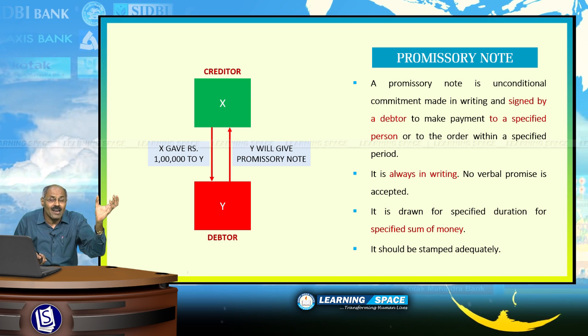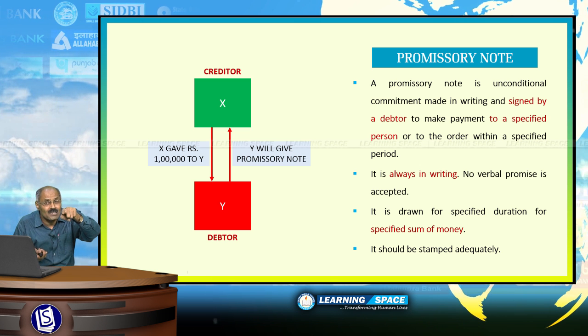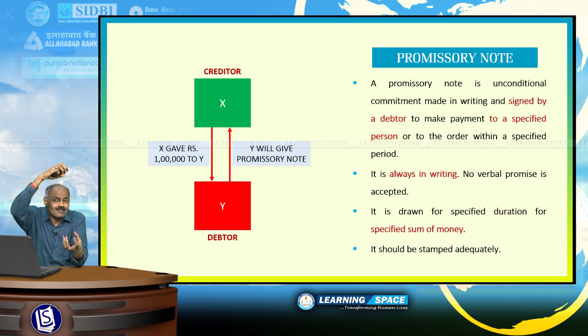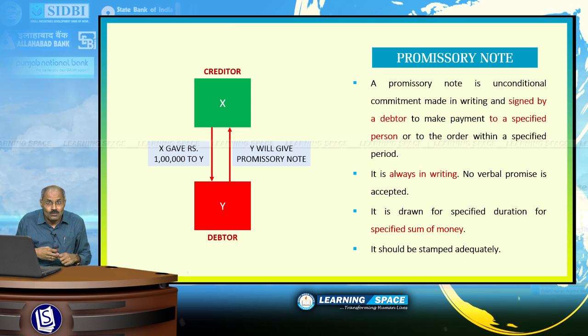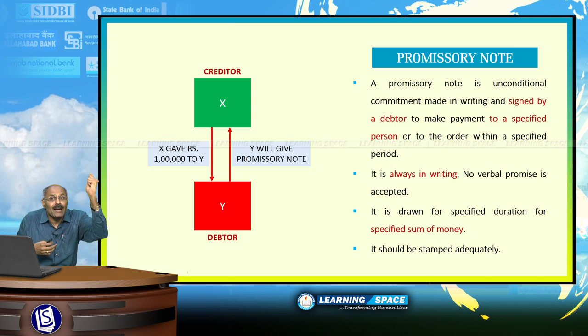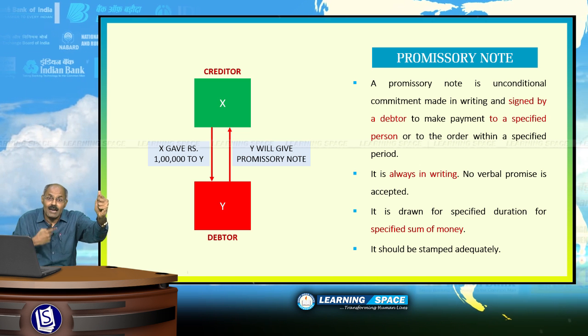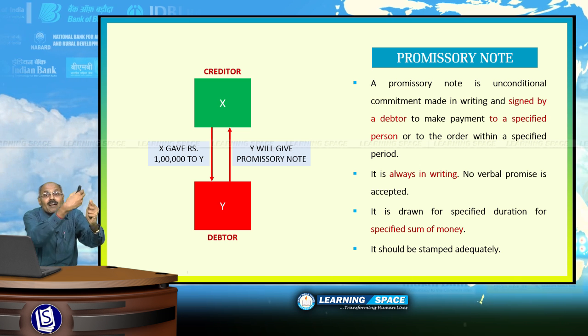The first one is bill of exchange, demand draft, please don't forget. And here this is promissory note. I would like to explain you once again. Y borrowed money from X. X is creditor, Y is debtor. In this connection, if you deposited 1 lakh rupees in State Bank of India, you are creditor, State Bank of India is debtor.